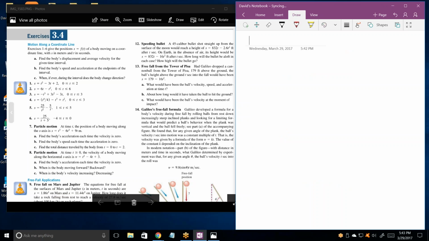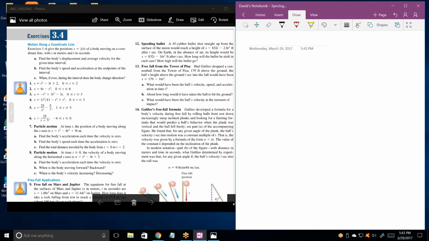Motion along a straight line. So number 1 would be the one that I'd be starting off with. All right. Now I'm just trying to figure out how to introduce this topic to you.